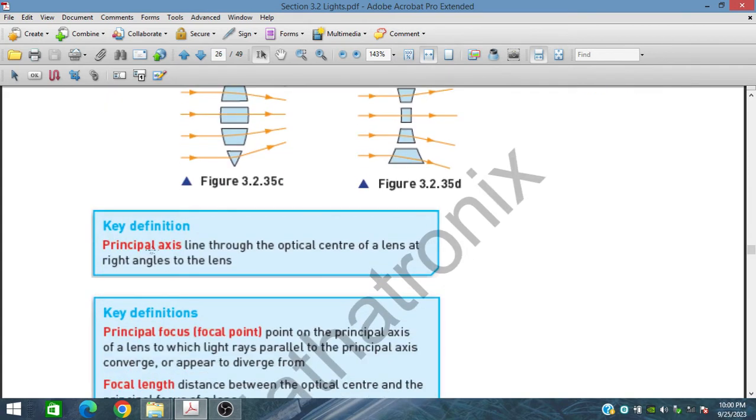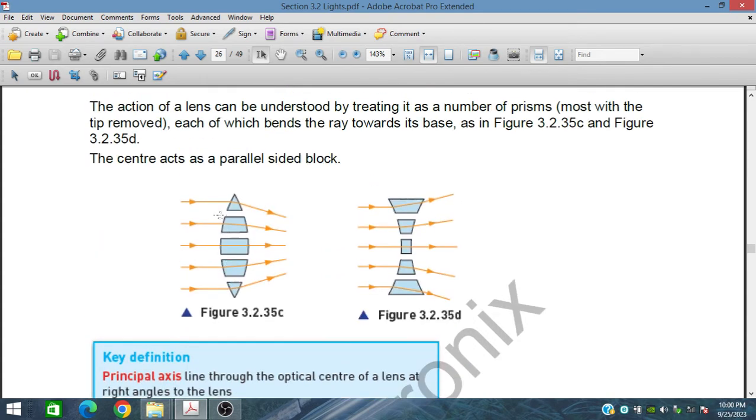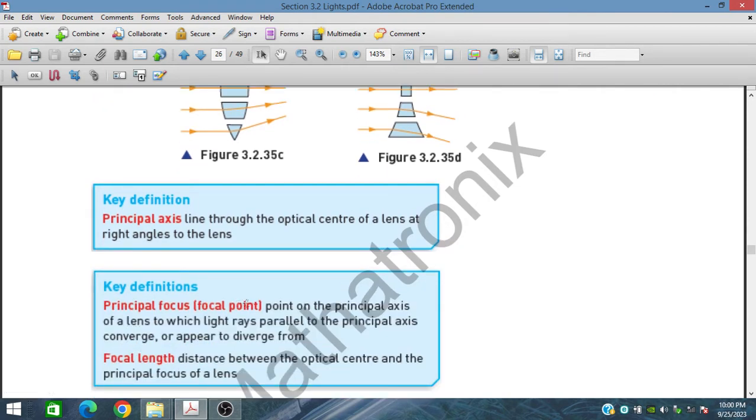Some key definitions are revised here. Principal axis: the line through the optical center of a lens at right angle to the lens, passing through the center of the lens. Principal focus: the point on the principal axis of a lens at which light rays parallel to the principal axis converge or appear to diverge from.